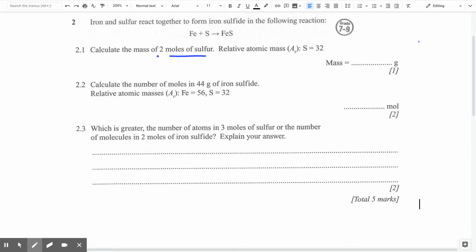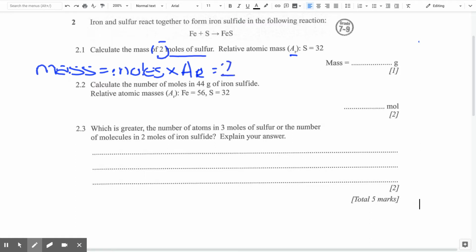What we know now is that the mass of a substance is equal to the number of moles of that substance that we have multiplied by the RFM, or in this case the Ar, of the substance we are looking at. So this question is asking us for the mass of 2 moles of sulfur.